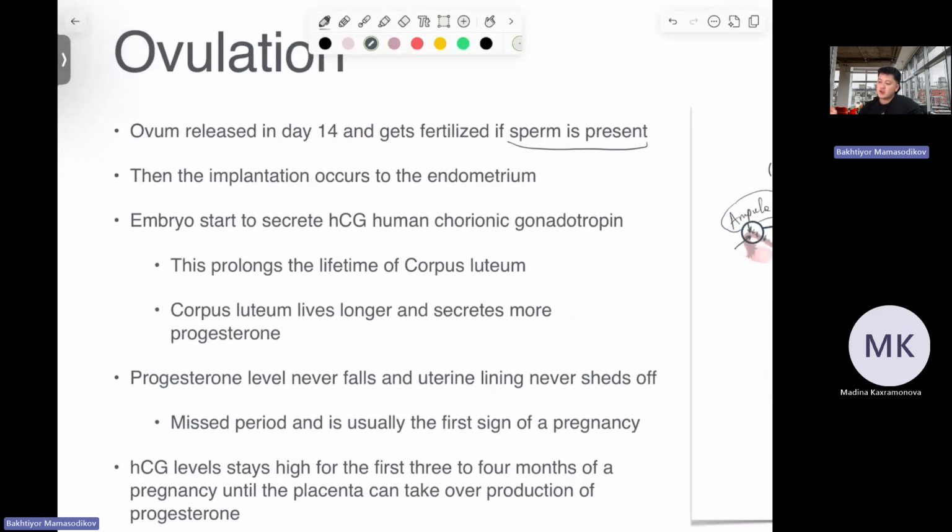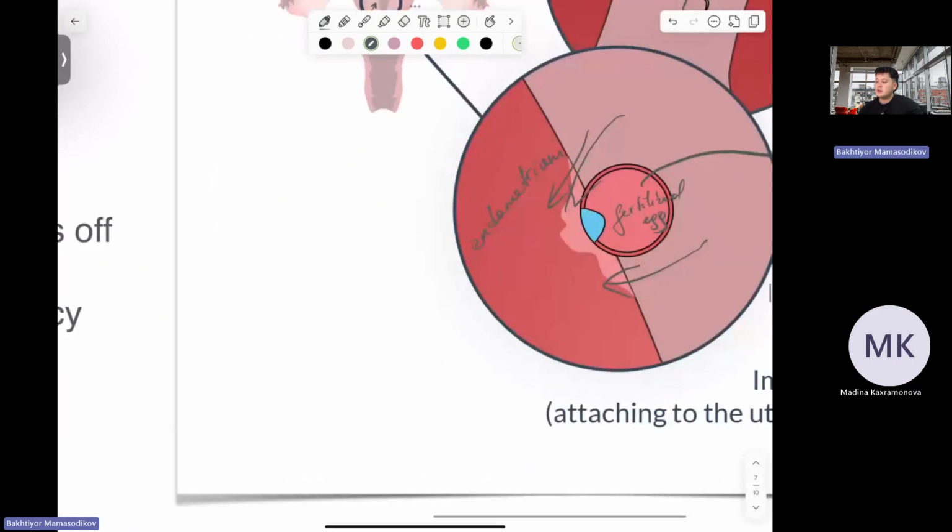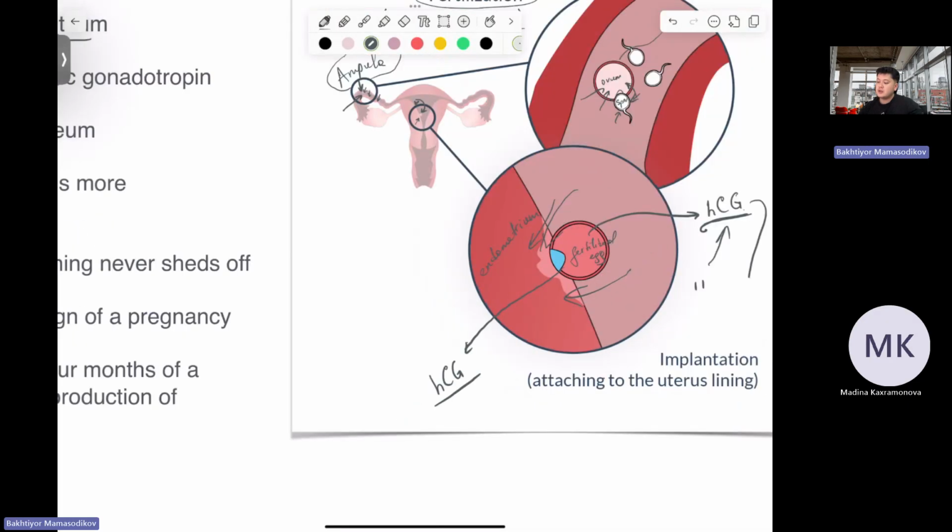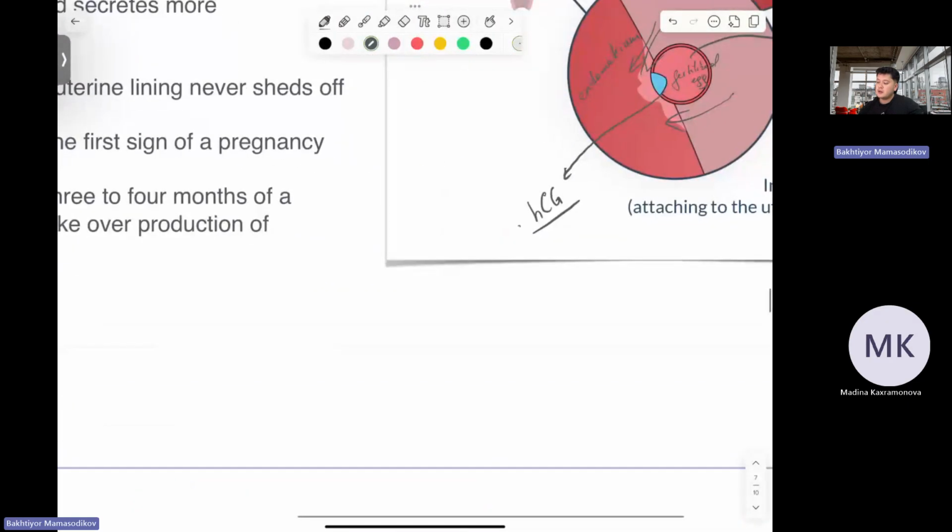And then implantation occurs in the endometrium, and the embryo starts to secrete human chorionic gonadotropin. This embryo, after implantation, synthesizes human chorionic gonadotropin. This human chorionic gonadotropin goes and stimulates the corpus luteum, this is the corpus luteum, to live longer. So I said the corpus luteum will live how many days?